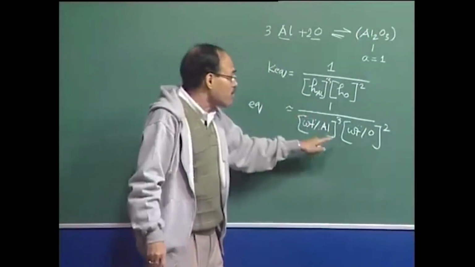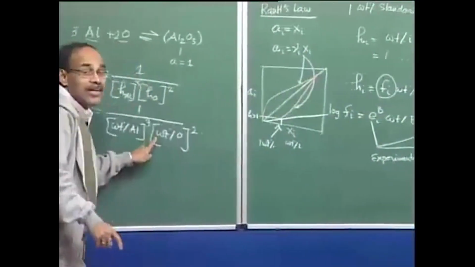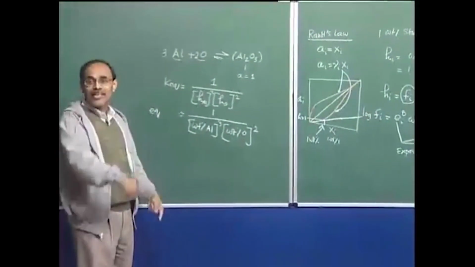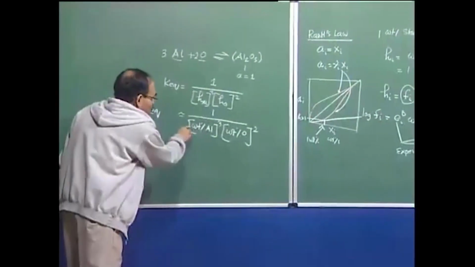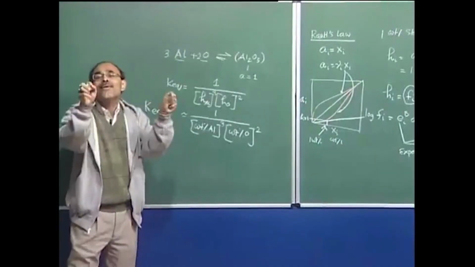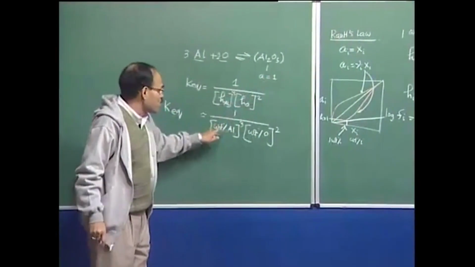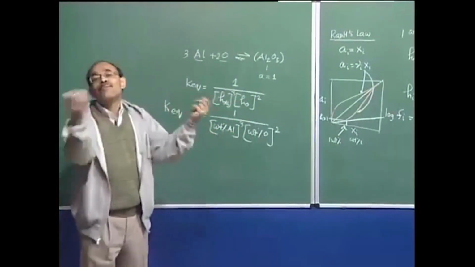Otherwise, if there is a departure, we should have introduced the parameter Fi into this particular calculation, and it would have made the calculation a little bit more tedious. If I substitute in this particular form, I should be able to use a simple calculator and solve it. But the moment I introduce Hi values here, HAl and HO, the calculation becomes complex.